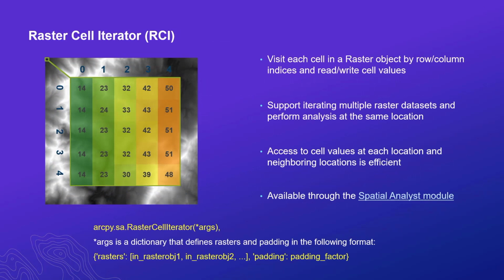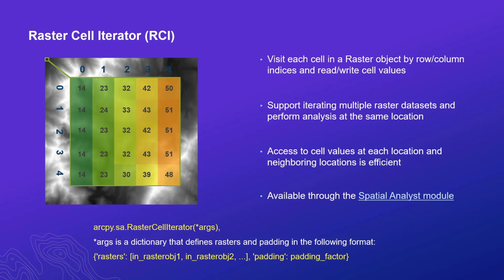If you don't want to create a new NumPy array and work with it separately, we give you another way to visit all the raster cells one by one, and that is done using the raster cell iterator. That's new in the ArcPy SA module, where you can use it to visit cells in a Raster Object using row and column index. You can read the cell value, you can write it.